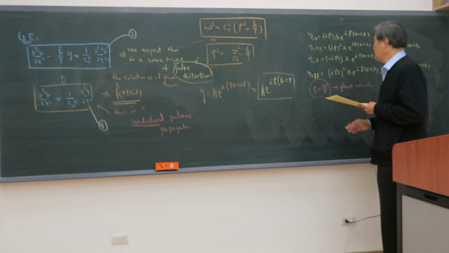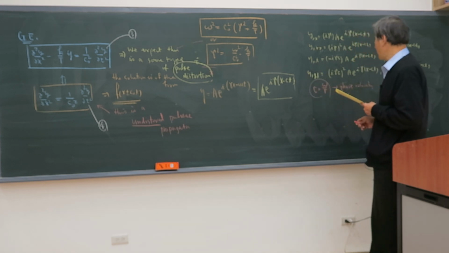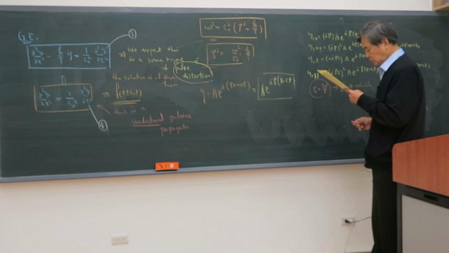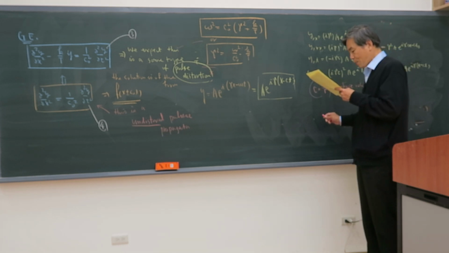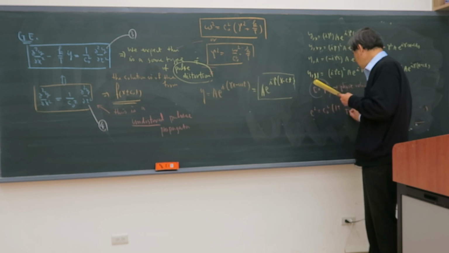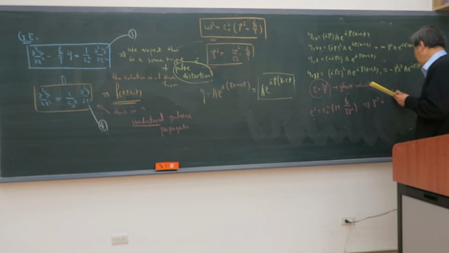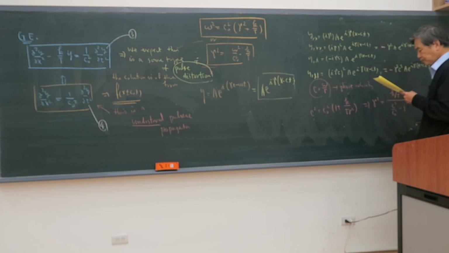Then you can have the same relationship as before: c² equal to c0² (1 + K/(Tγ²)), or γ² equal to K/T over ((c/c0)² − 1).